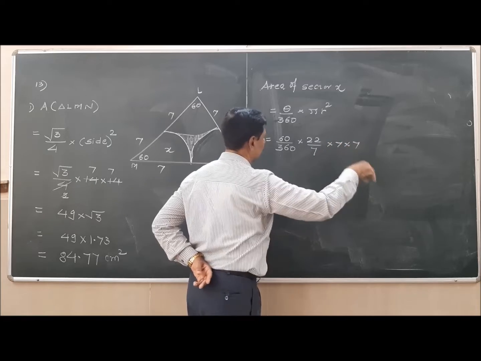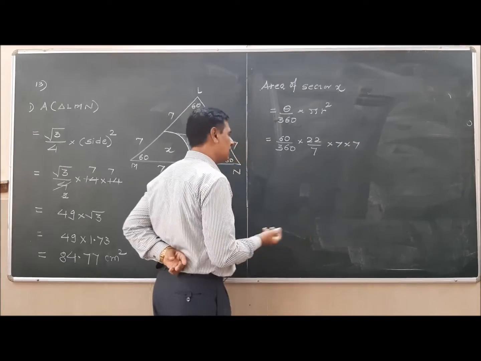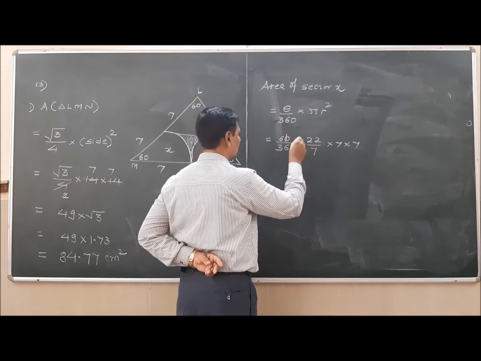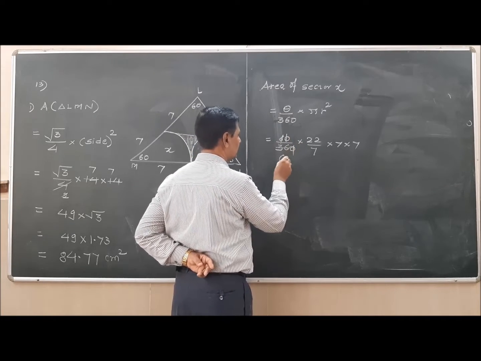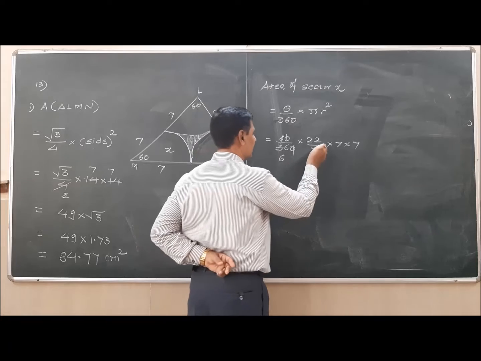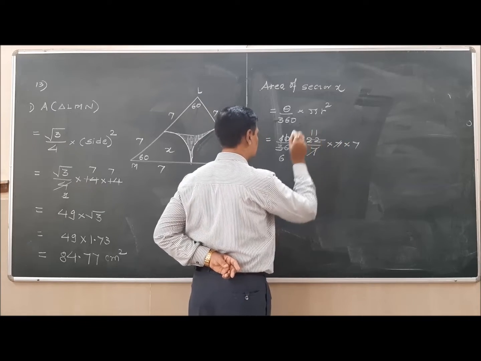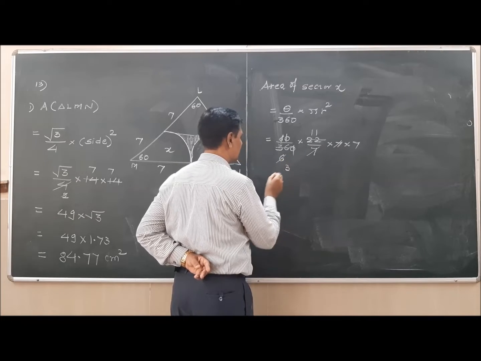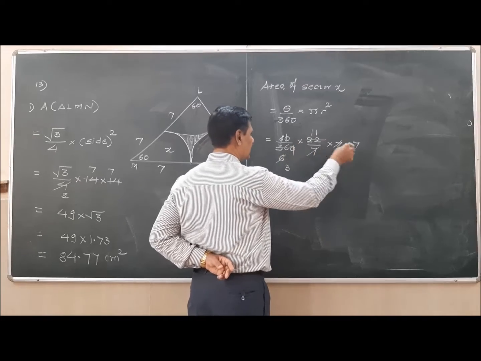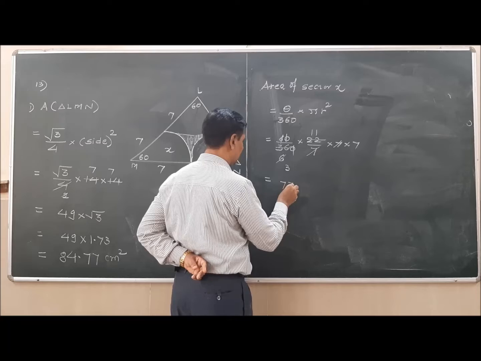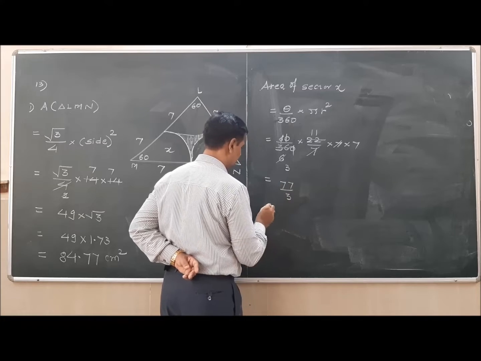Radius of each sector is 7. So in this case we will find 0 0 cancel, 6 6 are 7 7 cancel over here. Then 2 ones are 2, 2 ones are 2, 2 3s are 6. So 11 into 7 is 77 upon 3.